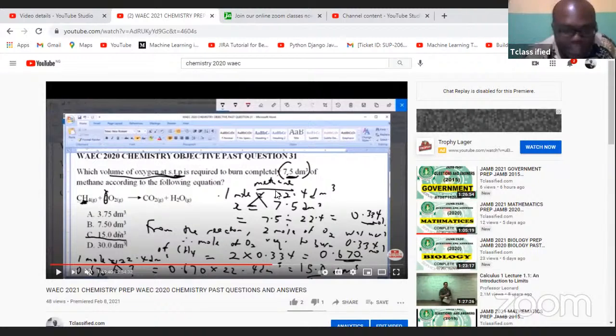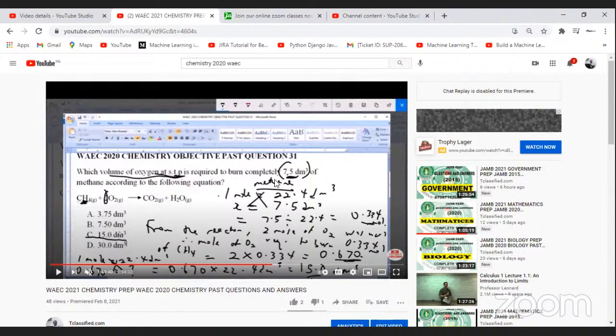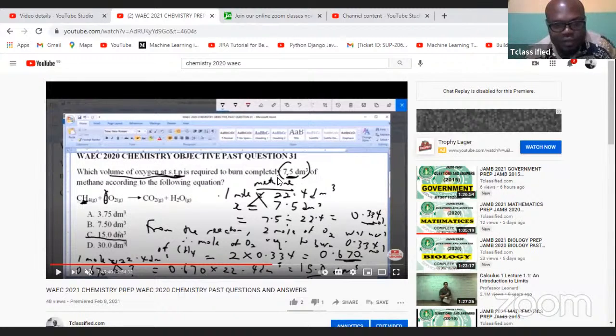So this was for methane. We are simply saying that 1 mole of methane at STP contains 22.4 dm³. So how many moles contain 7.5? Since it's 7.5 that you're considering, you're not considering the normal 22.4 for 1 mole. So that mole that contains 7.5, what amount of oxygen will it consume?